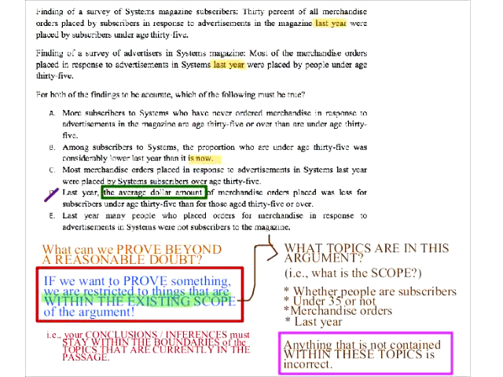So that's this. And people who have never ordered merchandise, that's, again, more than just last year. So, also incorrect. Because never ordered merchandise is widening the scope of the question to include any year in which anybody ever ordered anything. So, also not okay.